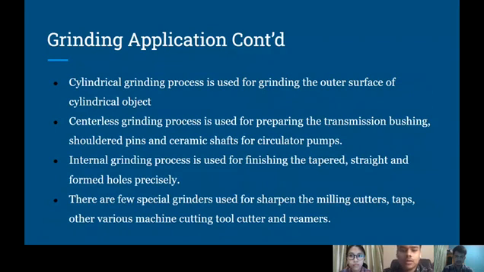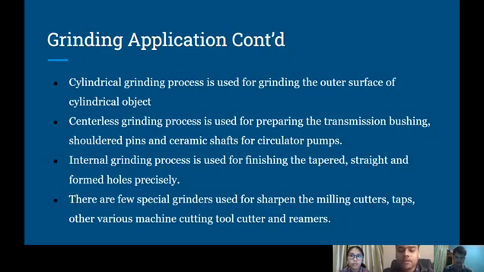So continuing with the grinding applications, but this one is more specific to each type of grinding. As mentioned earlier by Jen, the cylindrical grinding process is used for the outer surface of a cylindrical object, and the centerless grinding process is used for preparing transmission bushings, shouldered pins, and ceramic shafts for circulator pumps.